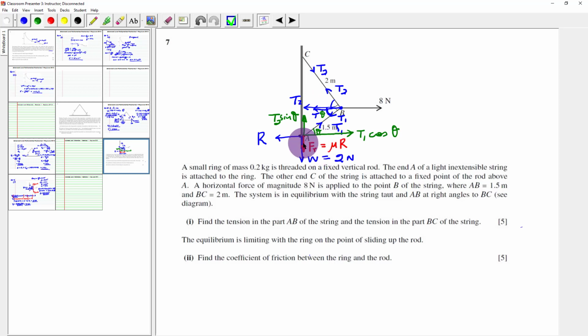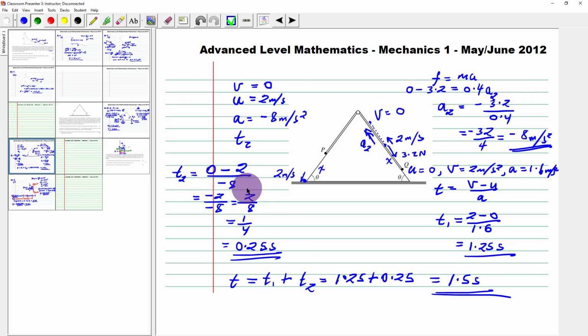And then there is a friction force which is acting vertically downwards. So all we need now is to see how we manipulate these figures. Since this ring is in equilibrium, the sum of the forces upwards will be T1 sine theta.